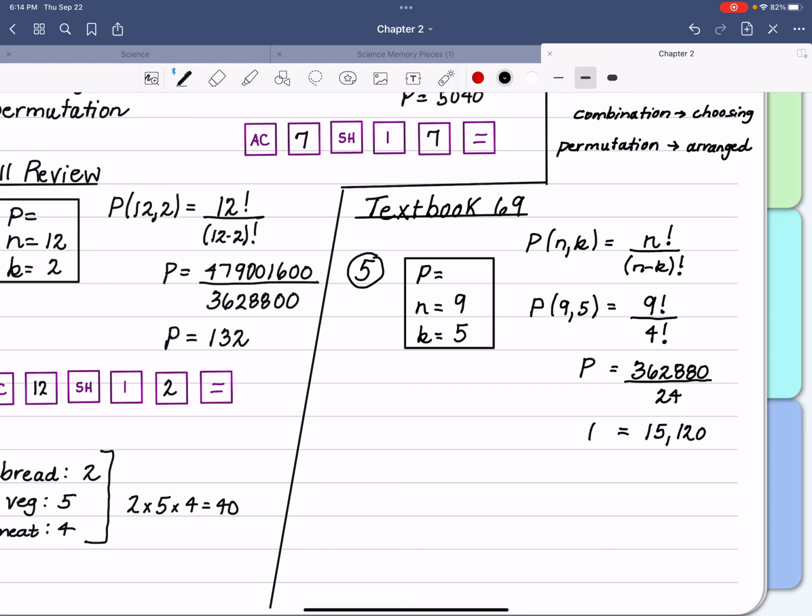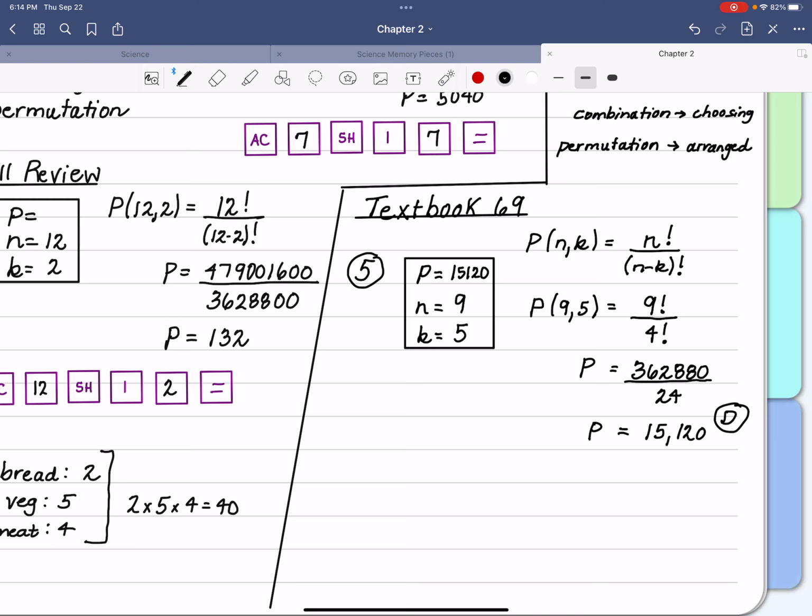Again, that's the P value here, 15,120. So you could have 15,120 different arrangements of those 5 people. And I like answer D on this one.